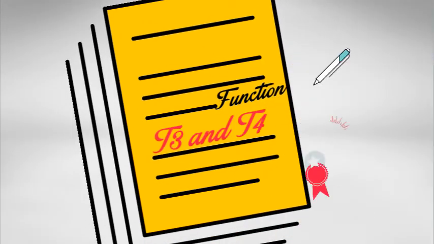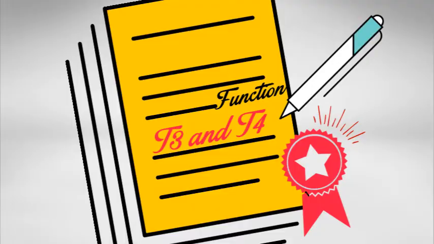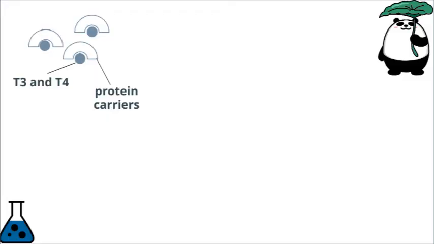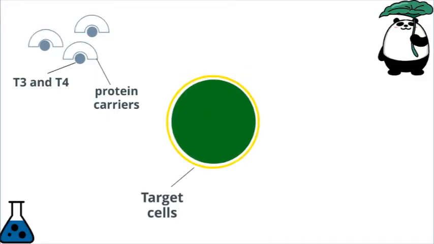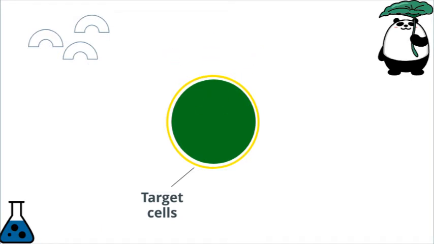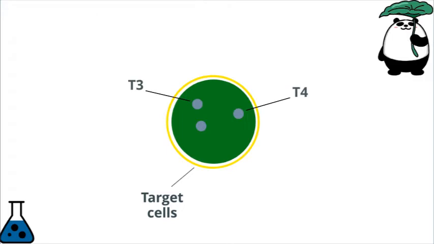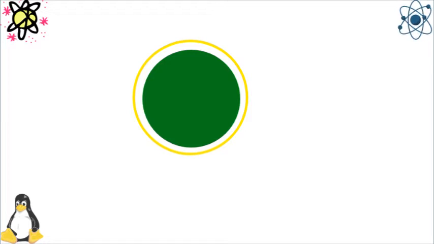So, what's the function of T3 and T4? When they reach the target cells, they will detach from the protein and go inside the cells. Since T3 is more effective, T4 is converted into T3. T3 then will attach to the thyroid hormone receptors within the nucleus.